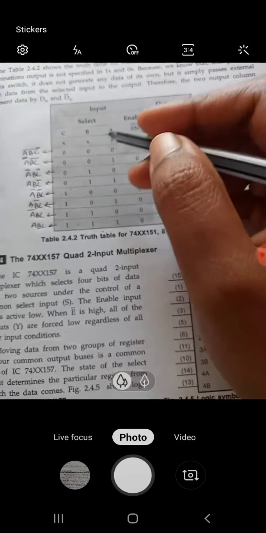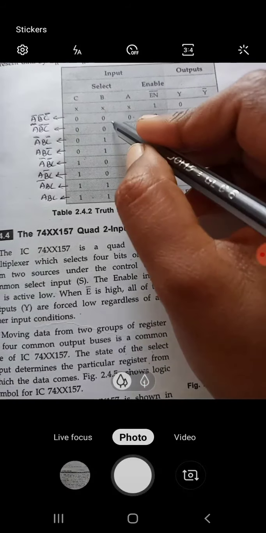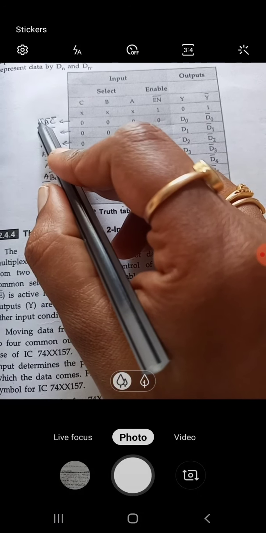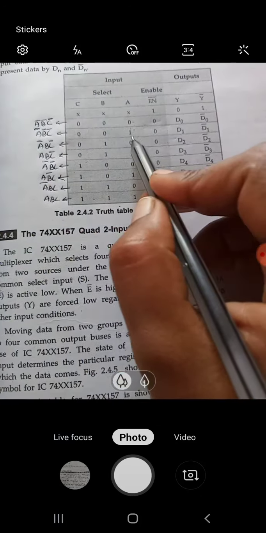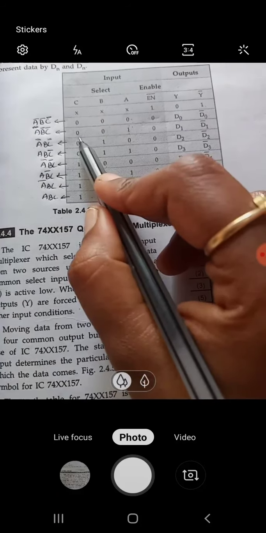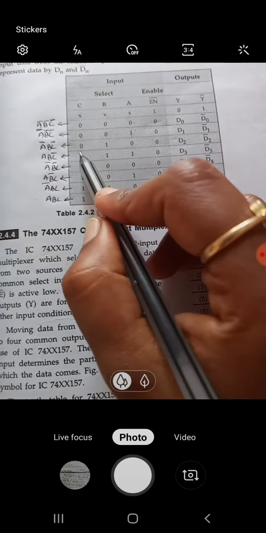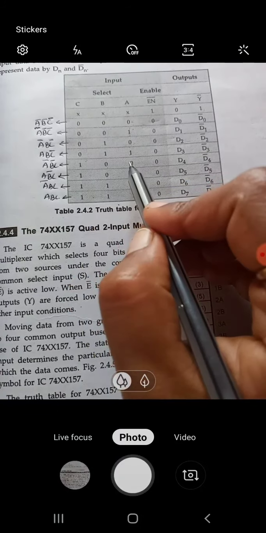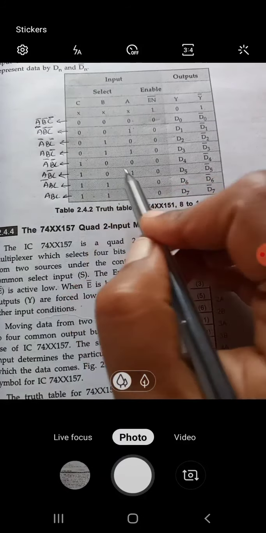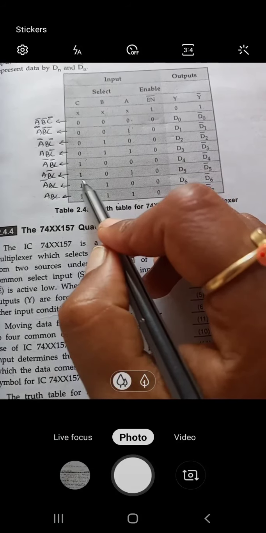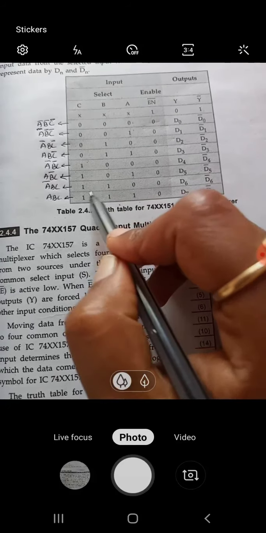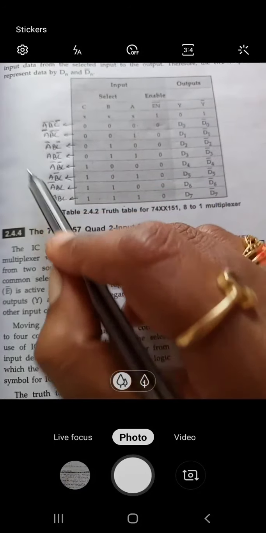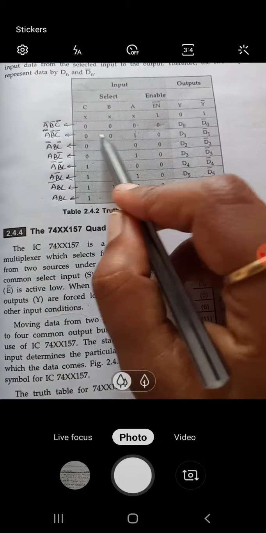So when I say 0, 0, 0, A is 0, which means A bar, B bar, C bar. Then A bar, B bar, C; A bar, B, C bar; A bar, B, C; A, B bar, C bar; A, B bar, C; A, B, C bar; and A, B, C. It means I can have these combinations only by giving these values.